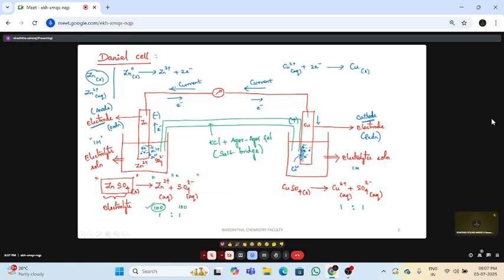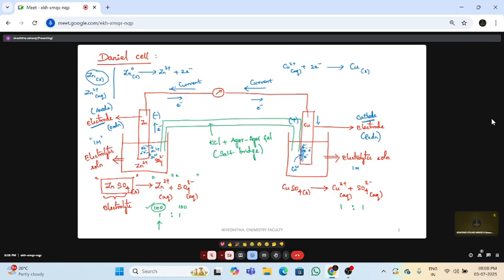So how will this concentration change? Zn2+ ion concentration will increase, right? Because the zinc atom on the rod is getting oxidized, converted into Zn2+, and keeps dissolving inside the solution, because of which the concentration of Zn2+ ions was rising. So here the neutrality was disturbed.